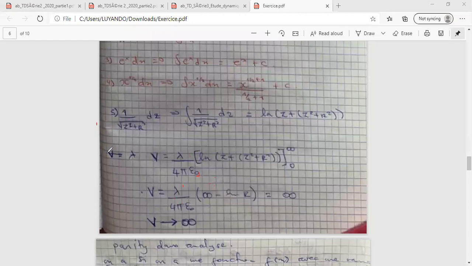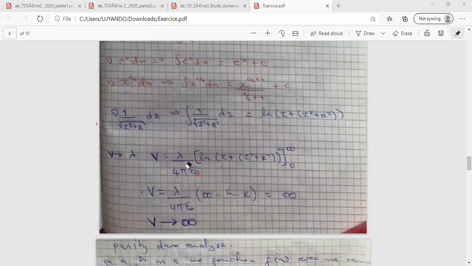In terms of that expression for V, is it integrated? Which expression? The one below 5, the first one, V is equal to lambda over 4 pi.